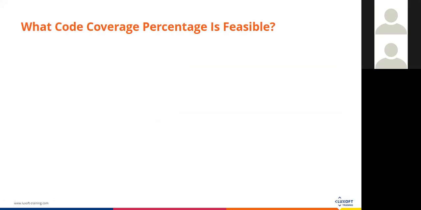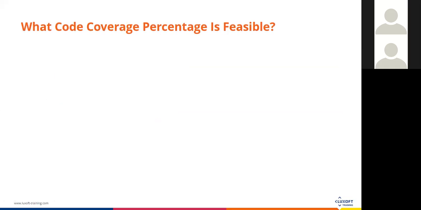You may ask yourself, as I was saying, if you have 10% code coverage as our result, it's not good. What code coverage should we have in order to have some safety, to say we are safe enough? And which code coverage percentage is feasible?